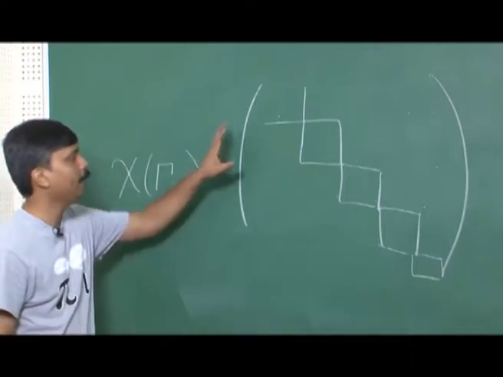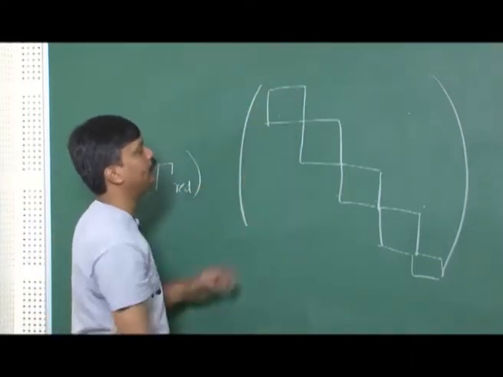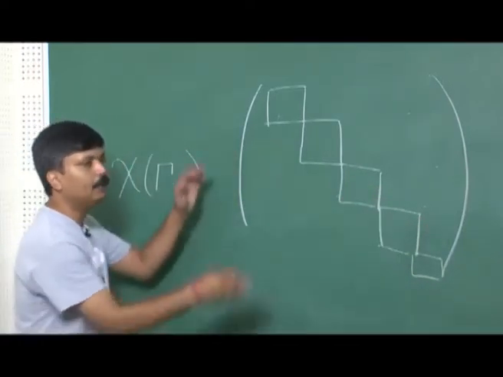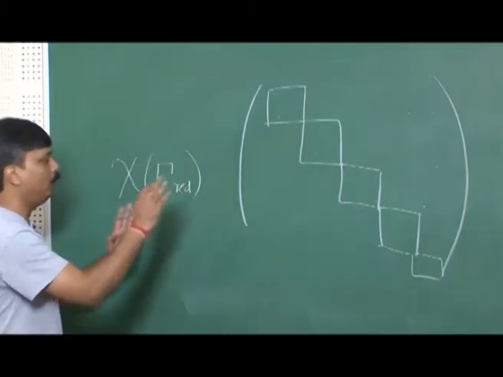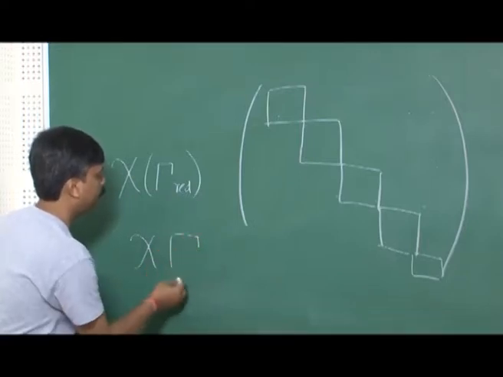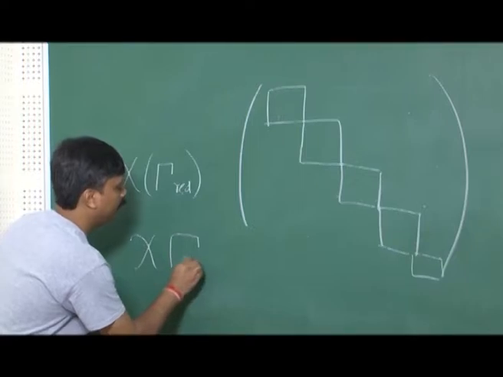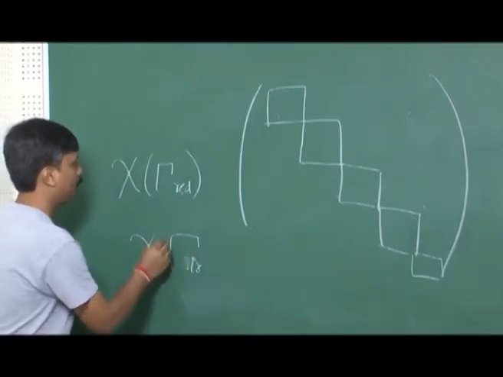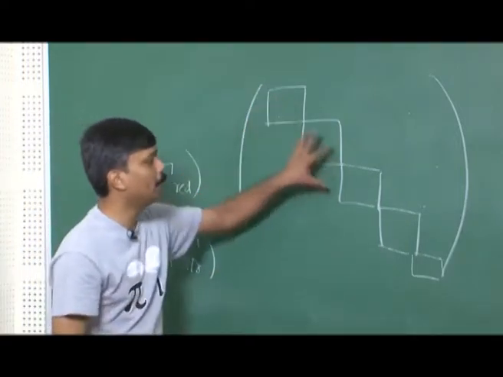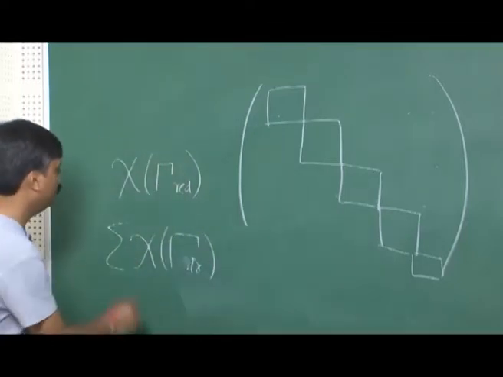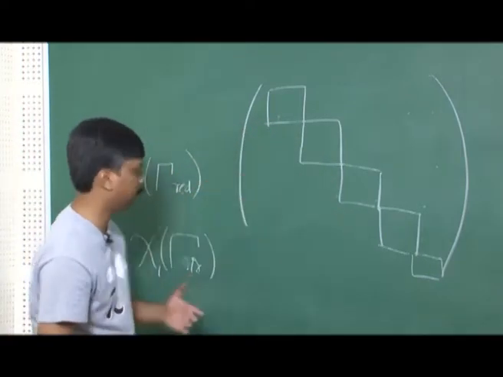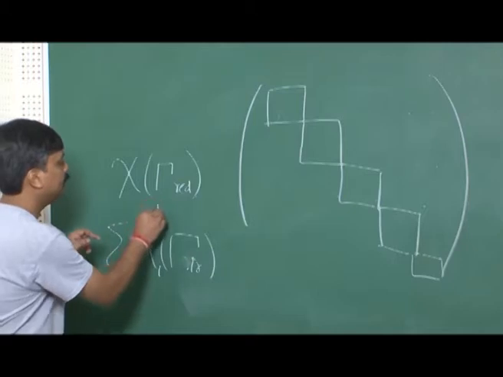Now the good thing is that if you take the characters of these individual blocks, which are the irreducible representations, and sum them up, chi of gamma irreducible, over the total number of blocks I, then this and this are equal.